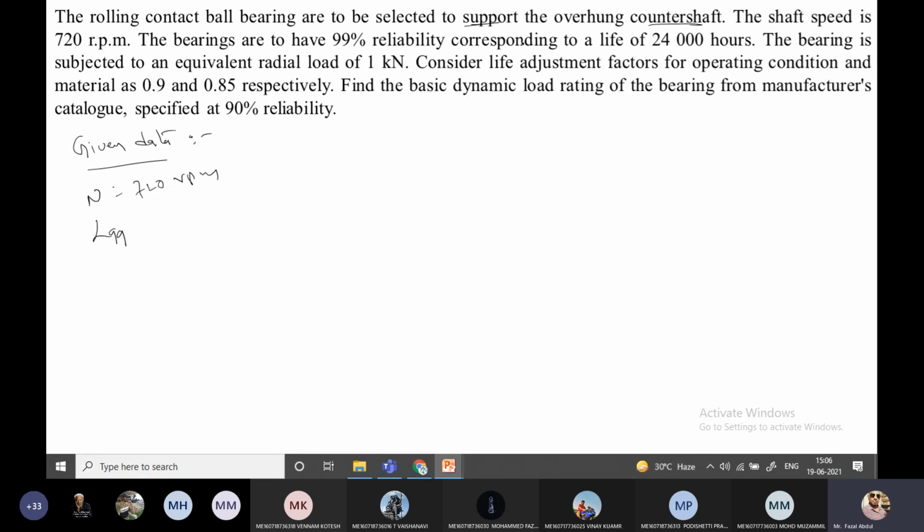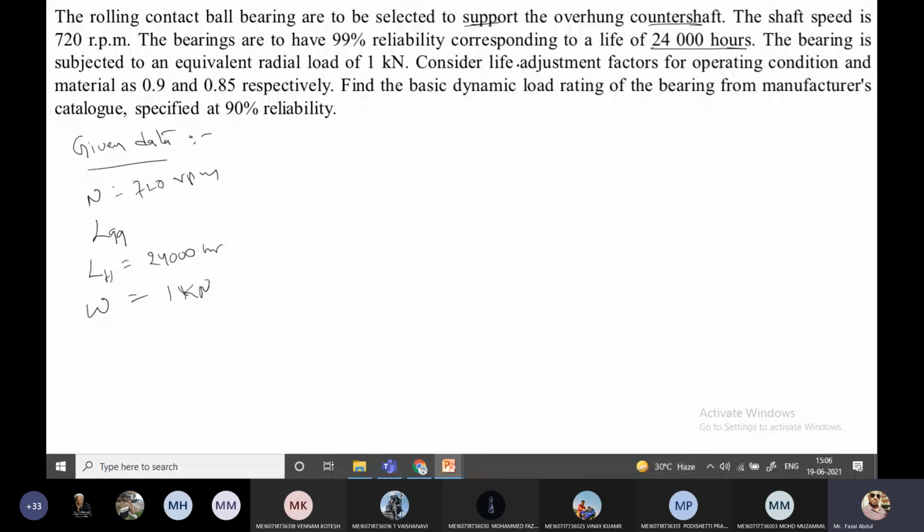And the reliability corresponds to a life of 24,000 hours. So here the life of the bearing is given in terms of hours, LH value is given as 24,000 hours, and the bearing is subjected to the equivalent radial load, that is W, as 1 kilonewton.